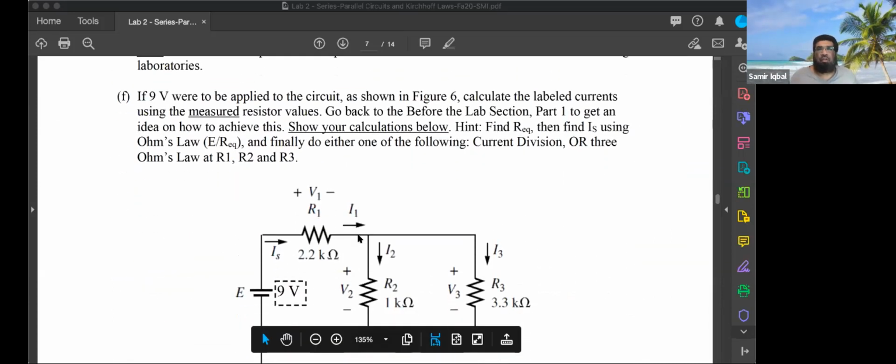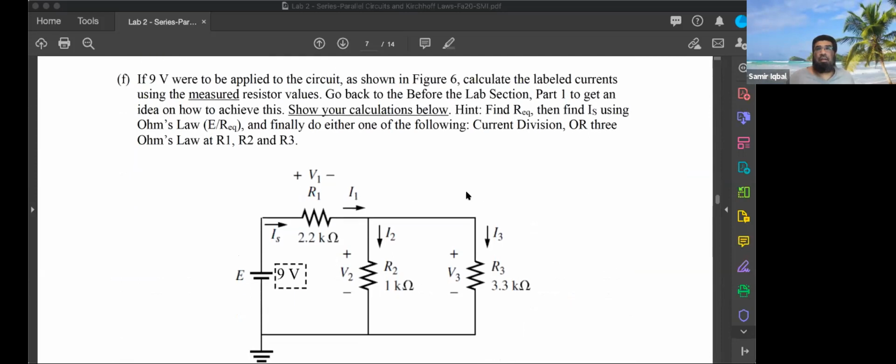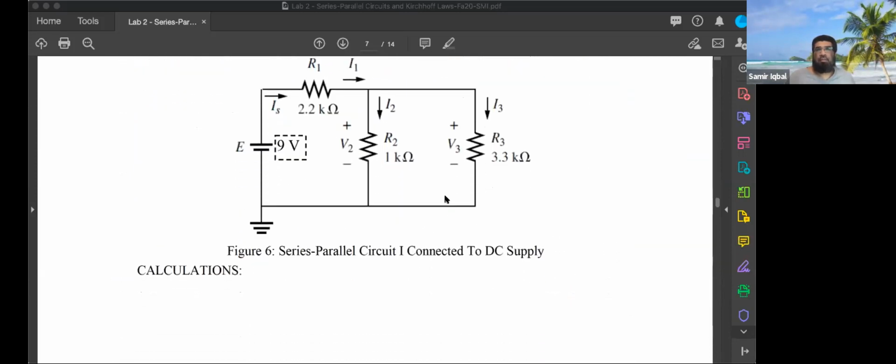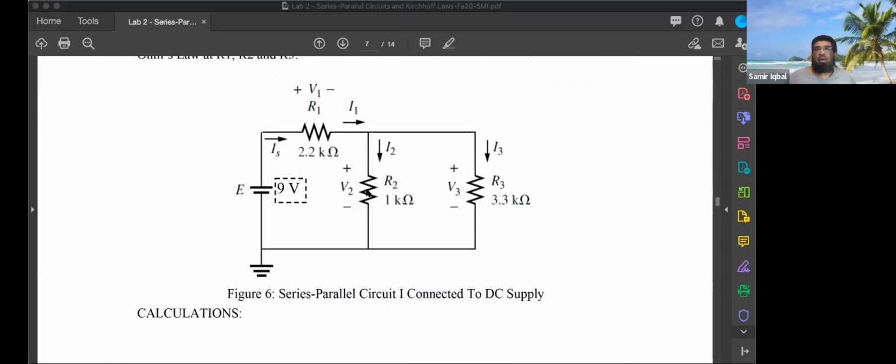So then you'll put the 9-volt battery in the circuit. You'll connect it in the circuit, and then you'll calculate what you expect. So, calculation for current. Now, can somebody tell me the relationship between I1, I2, and I3 here? If you were to write an equation between I1, I2, I3, help me write this equation. Can somebody tell me how I would write an equation for I1, I2, and I3?